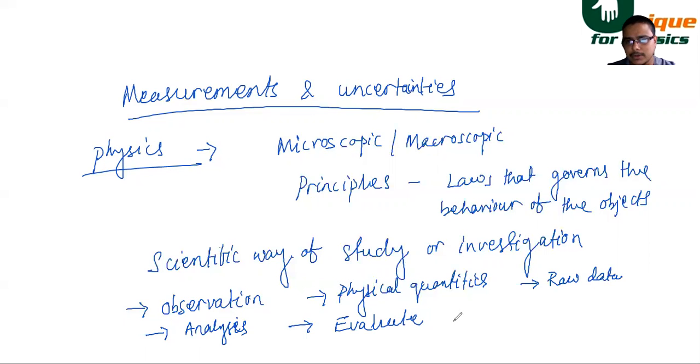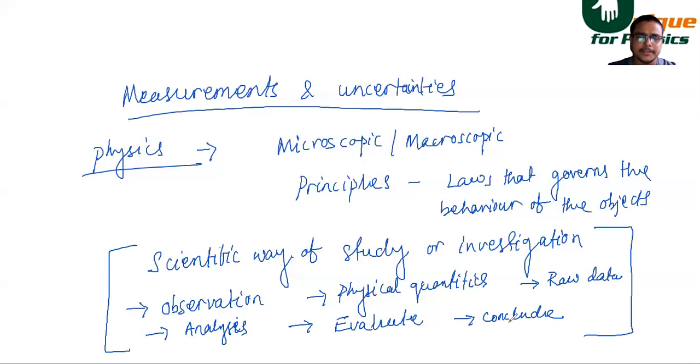After the evaluation, we can conclude the correlationship between the variables, some concrete evidence related to the phenomenon or the event. This is the process of investigation, the scientific approach to study something.